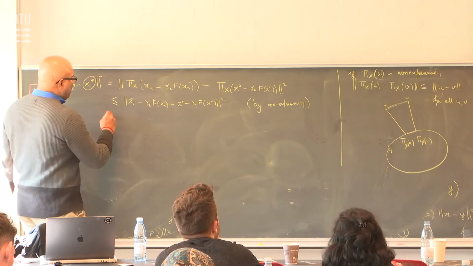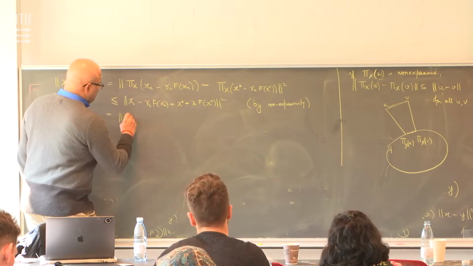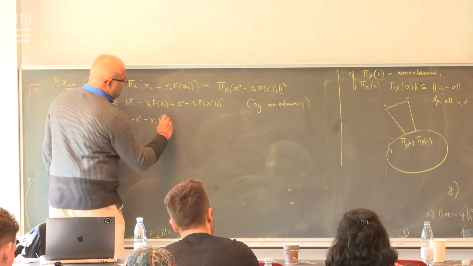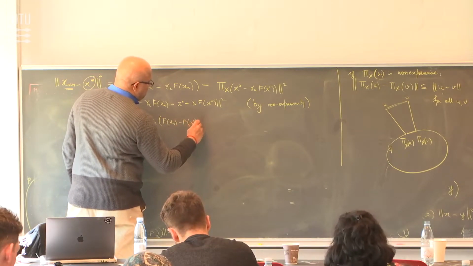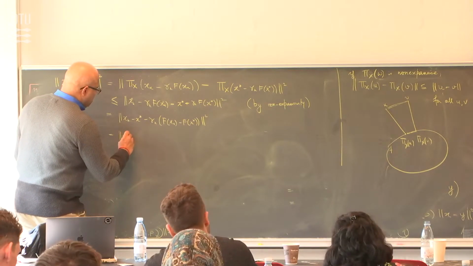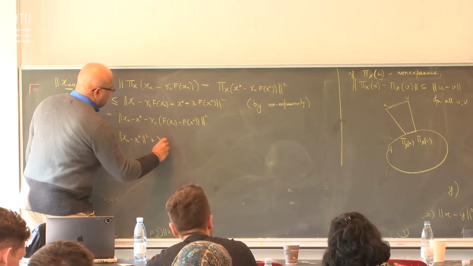Then I have xk minus x star minus gamma k times f of xk minus f of x star, squared, which is equal to xk minus x star squared plus gamma k squared.